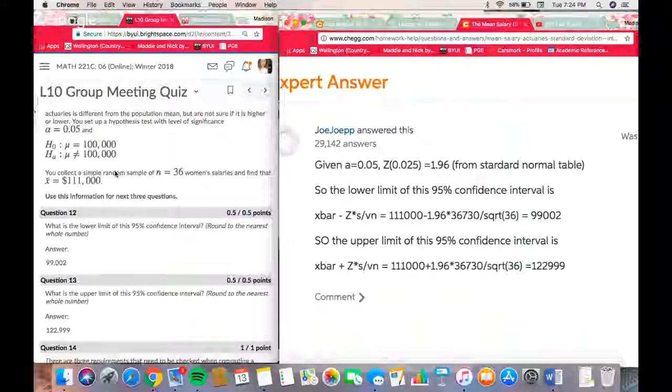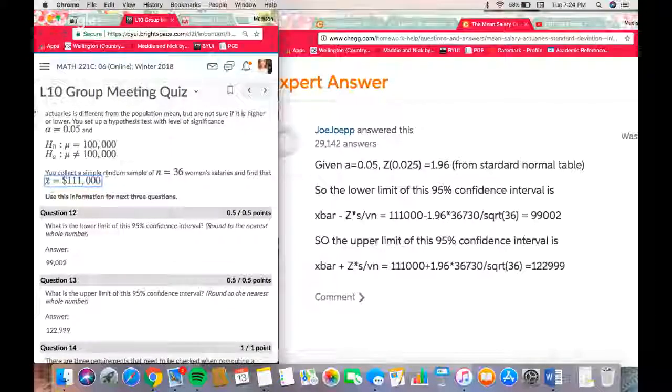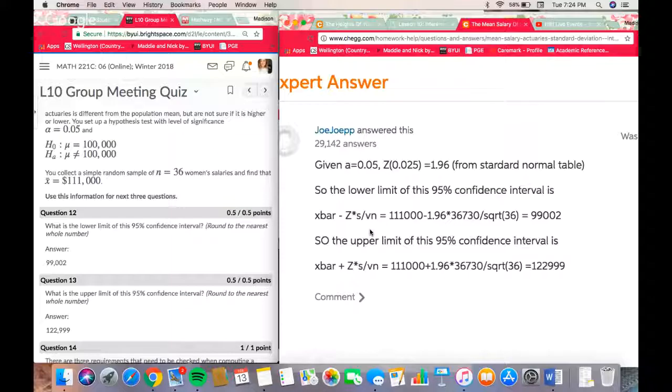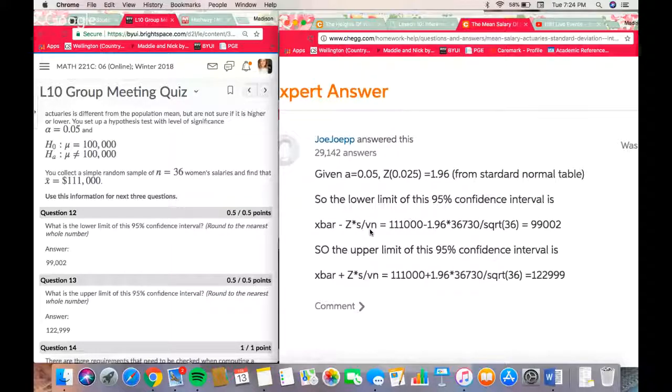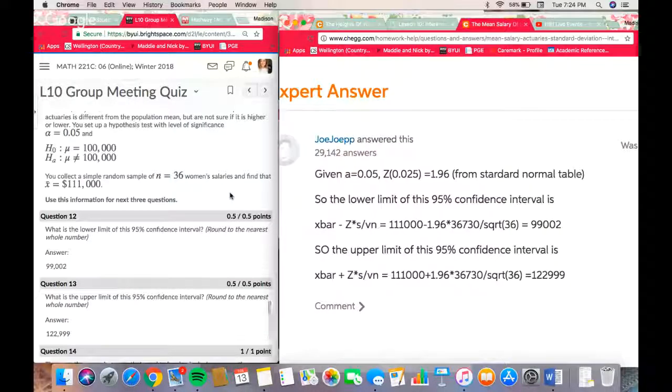Oh, it's right here. That's what he's writing, X bar. Okay, I was so confused. What the heck is that? I was like, I've never learned about that. It's the mean minus Z times S, so sample mean, over root N. What is root N? I'm guessing it's square root of N. Yes, because of the significance. Okay. Interesting.